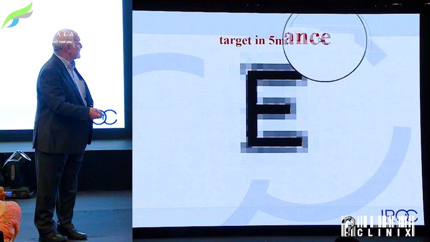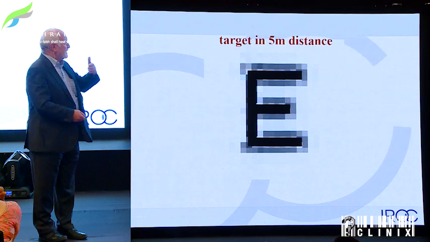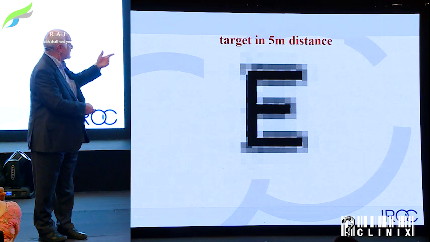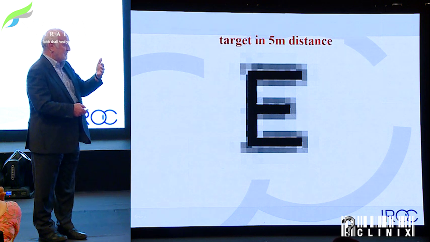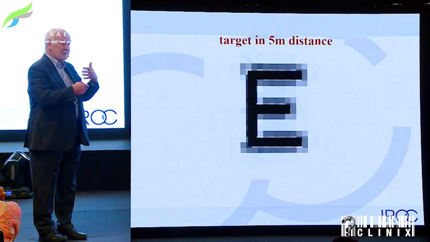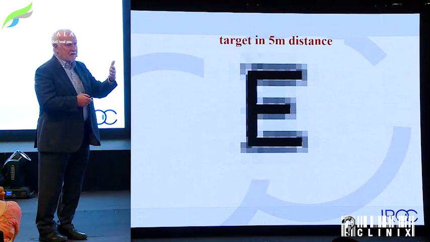You can see in 5-meter distance that you create a sharp image from the distance part of the lens, but an unsharp, superimposed image of the near part.